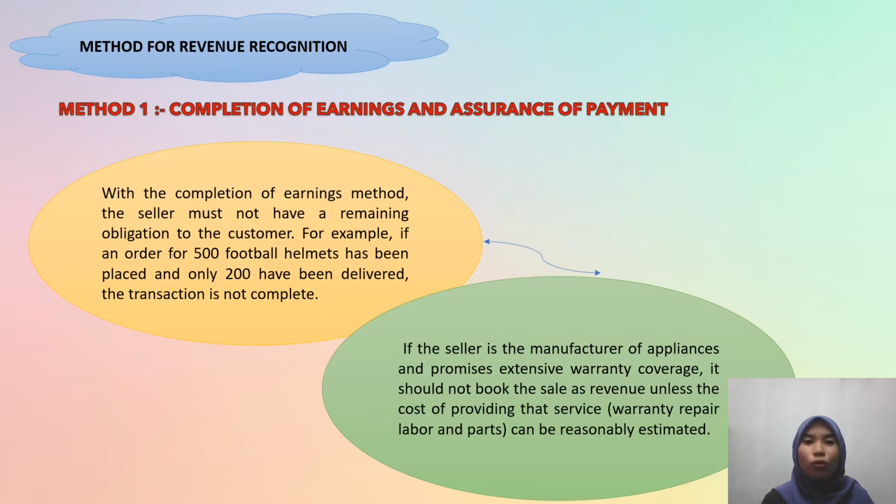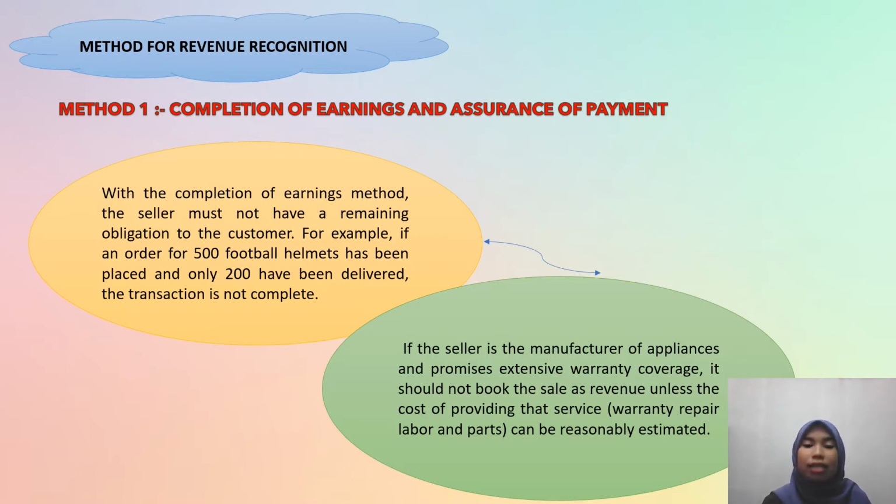Now, we go to the methods for revenue recognition. The first method is completion of earnings and assurance of payment. With the completion of earnings method, the seller must not have a remaining obligation to the customer. For example, if an order for 500 football helmets has been placed and only 200 have been delivered, the transaction is not complete.